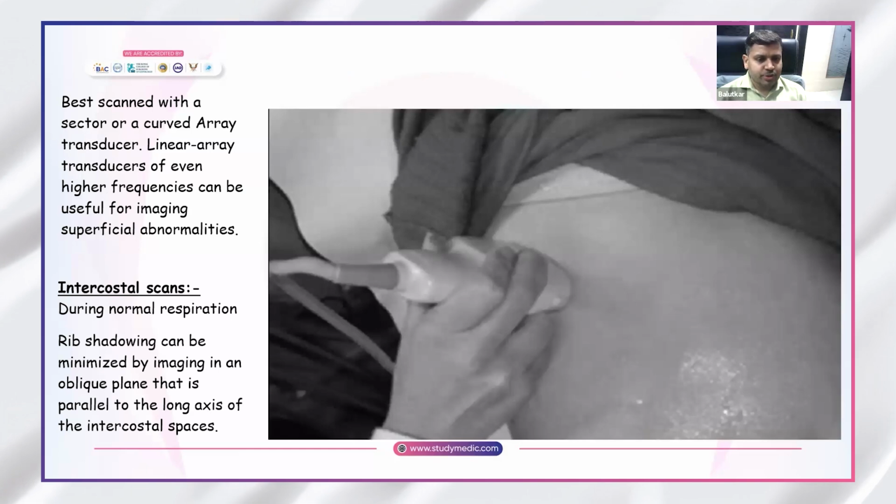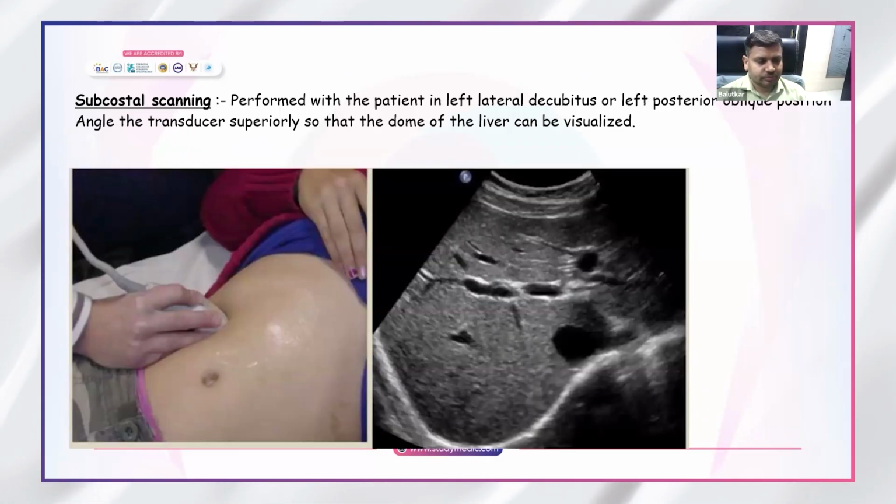This is the probe position for examination of the right lobe of the liver. We can see the probe is placed within the intercostal space between two ribs, so that rib shadowing is avoided. And this is how the subcostal approach is.